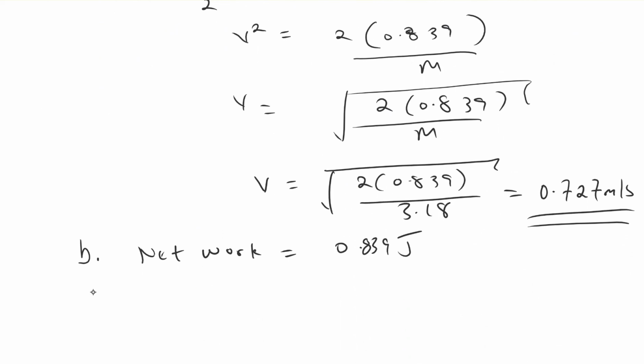And then for B, we found the final speed, the speed at the end of displacement, 0.727 meters per second.